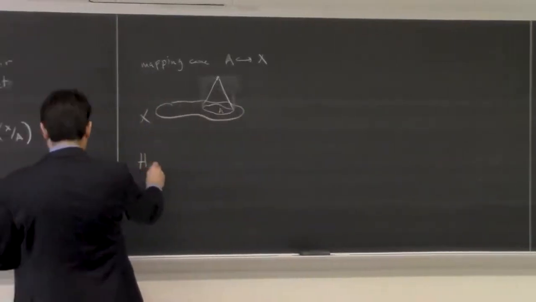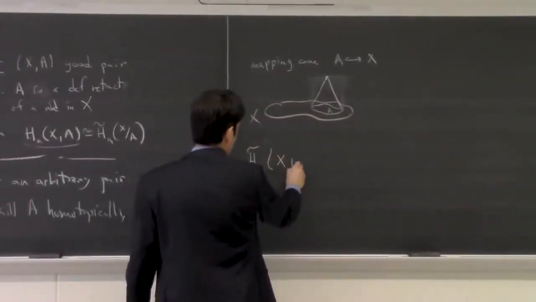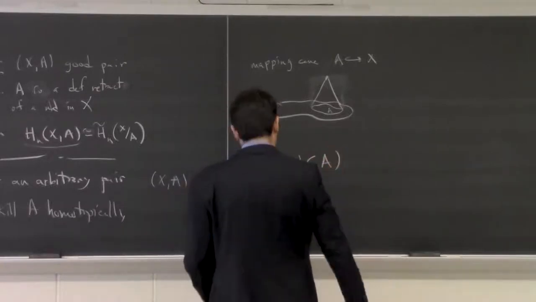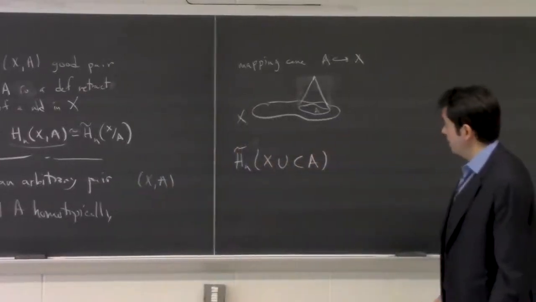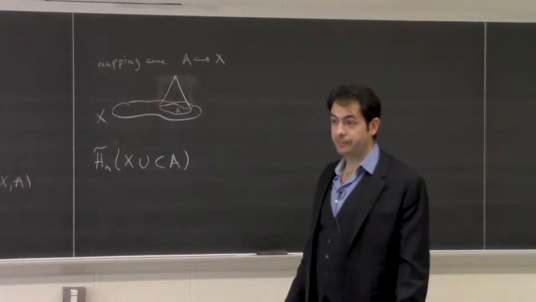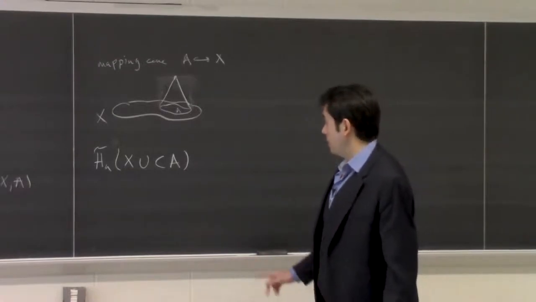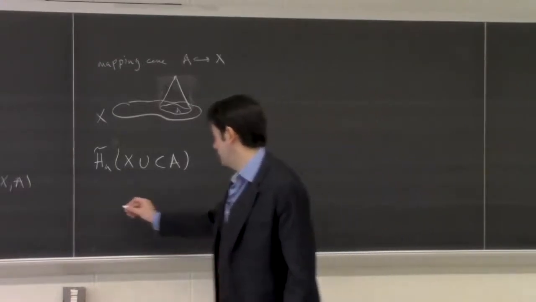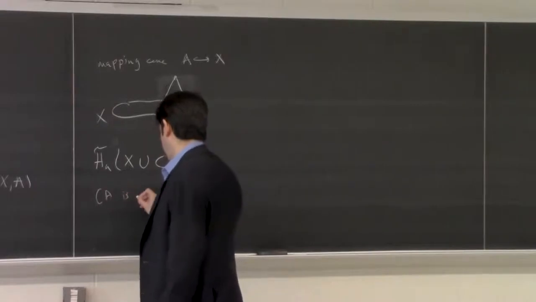And so here, let's look at the reduced homology of X union the cone on A. Well, the cone on A is contractible.